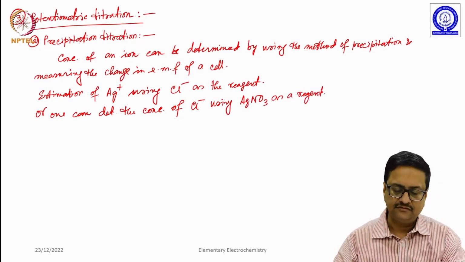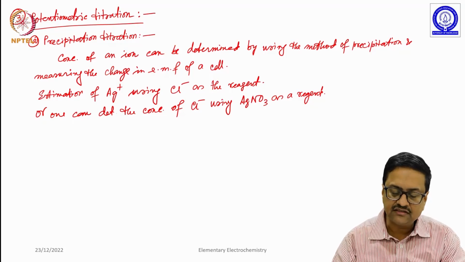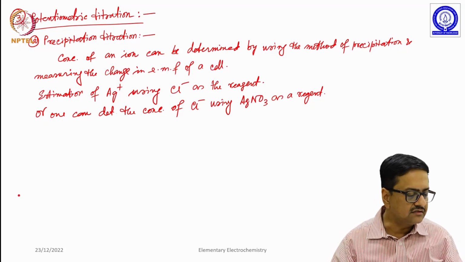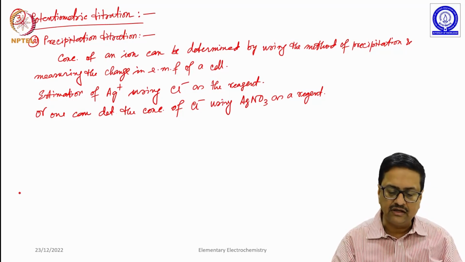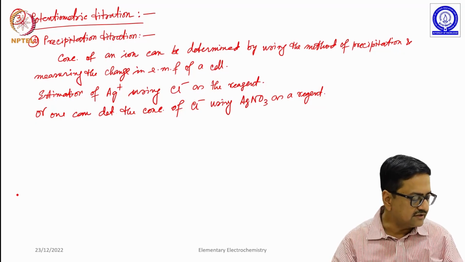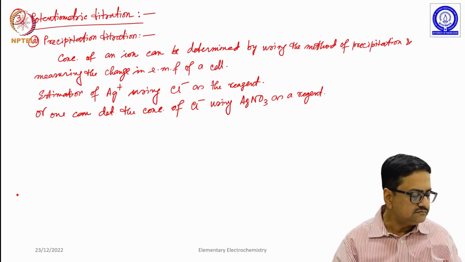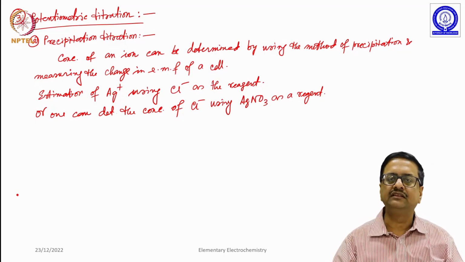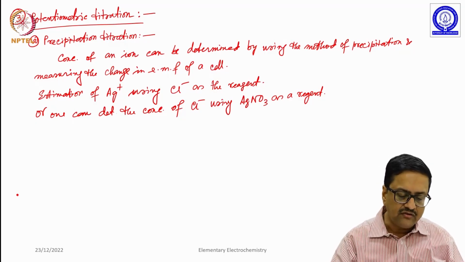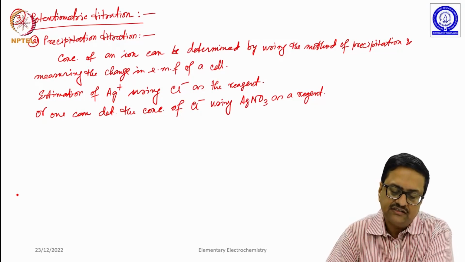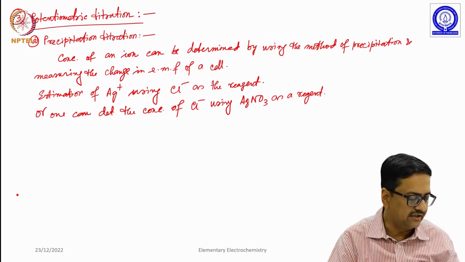In both the cases, we will be using silver chloride electrode in combination with a calomel electrode or standard hydrogen electrode, and determine the EMF of the cell while doing the titration. We will demonstrate these experiments in the next week, when you will see how these experiments are performed and then how the results are plotted and interpreted.